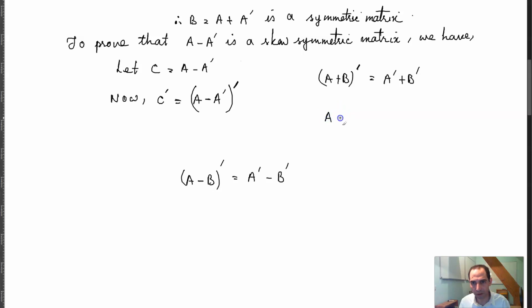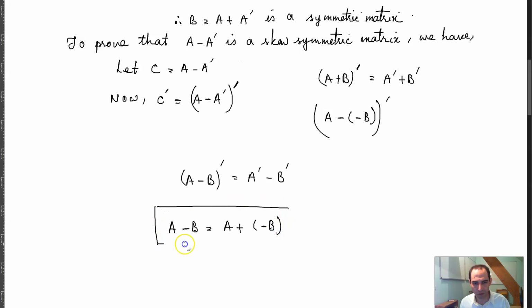plus A minus negative B. Instead of this, I can write A minus negative B whole transpose, because when you subtract the negative of a matrix from another matrix, it's the same thing as adding those two matrices together, because I know that A minus B is the same thing as A plus negative B. That we already know, right?